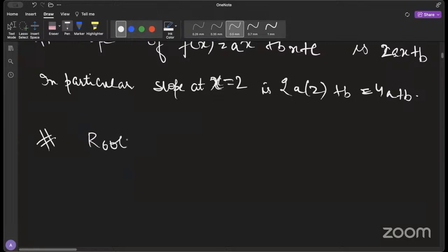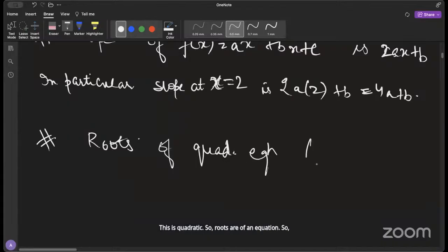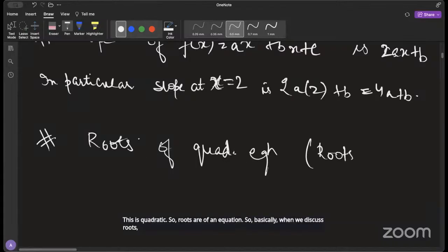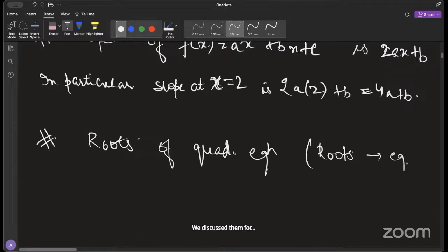the distinction between roots and zeros. So let's say this is quadratic. So roots are of an equation. So basically when we discuss roots, we discuss them for equations. What does that mean?